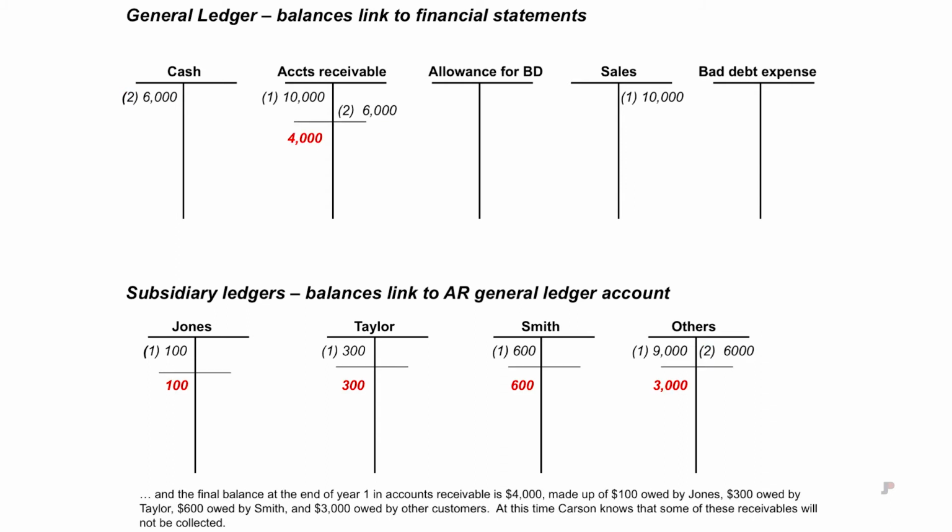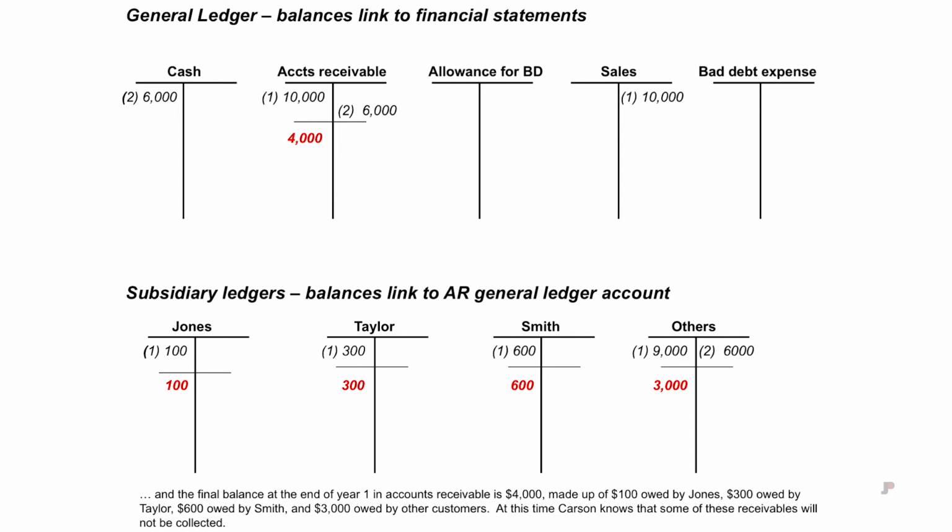And the final balance at the end of year 1 in accounts receivable is $4,000, made up of $100 owed by Jones, $300 owed by Taylor, $600 owed by Smith, and $3,000 owed by other customers.